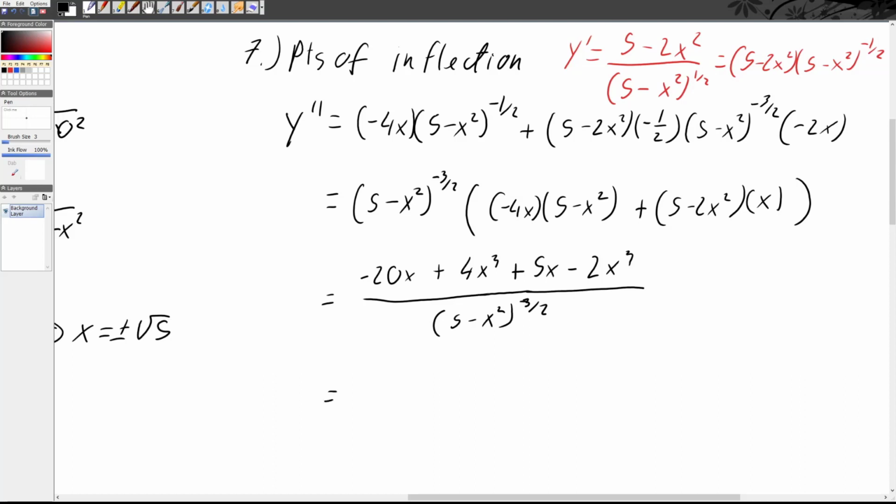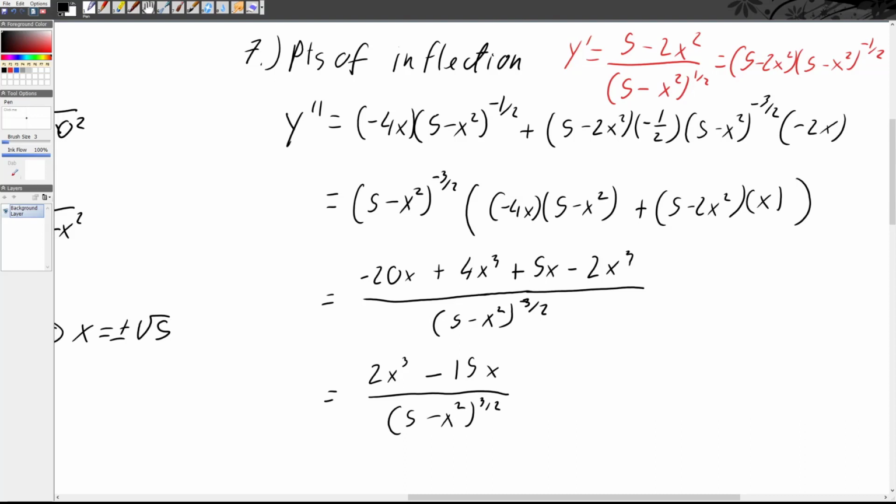On top, a little bit more simplification, we have 2x cubed minus 15x all over 5 minus x squared to the 3/2.